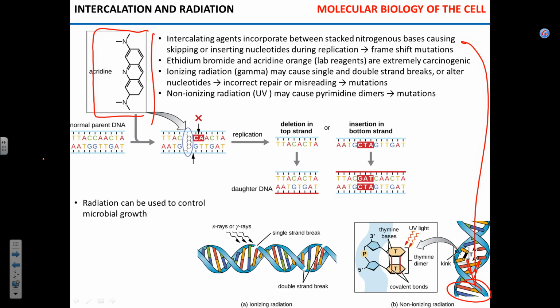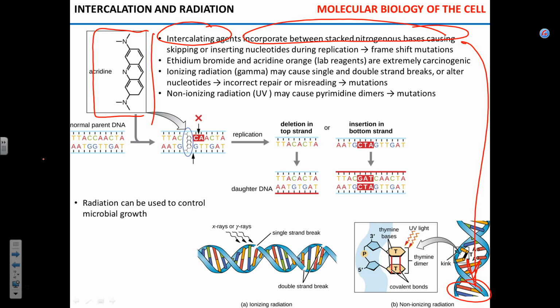So what happens, intercalating agents insert some molecules between the nitrogenous bases, and when DNA is replicated, that can cause the frame shift mutations, because when DNA polymerase cannot read the two adjacent nitrogenous bases, separated by the intercalating agent, it will skip it. There's going to be mutation, and that may cause a problem.